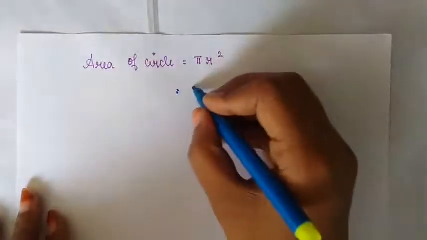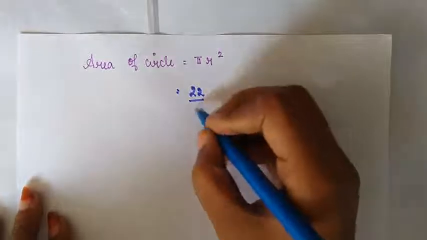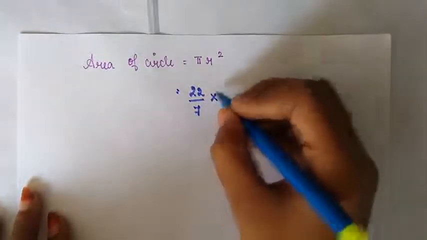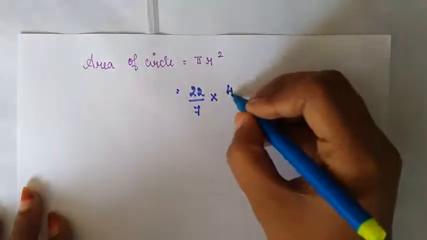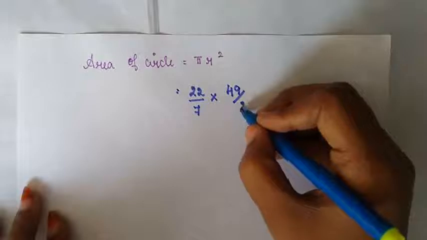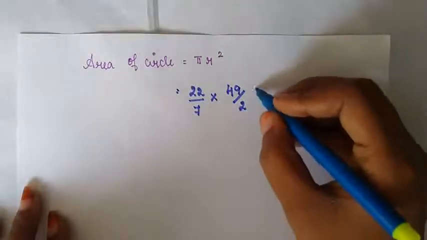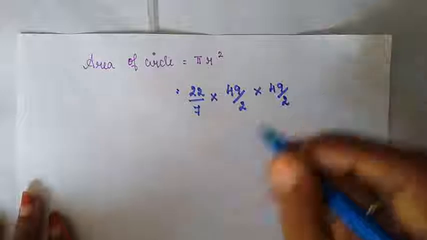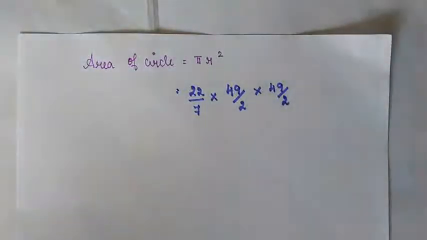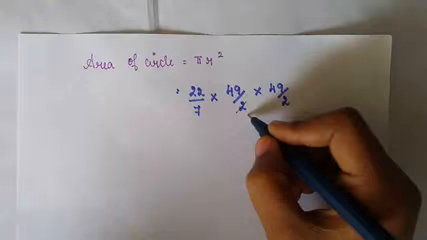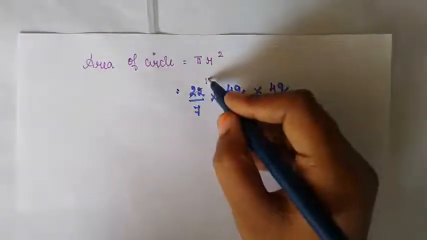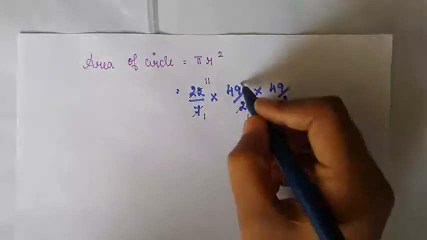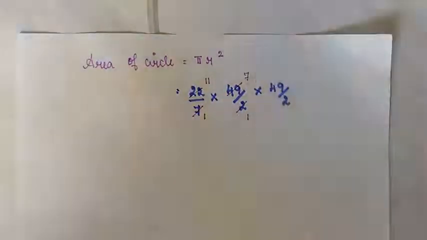Here pi is 22 by 7. r is 49 by 2. What is the next step? We have to cancel this one. 11. 1 7s are 7. 7 7s are 49.